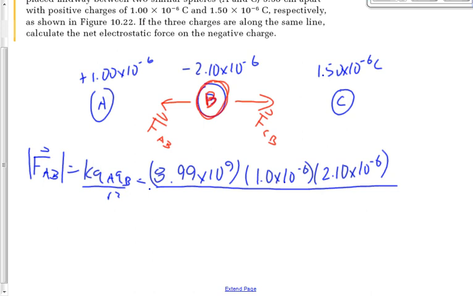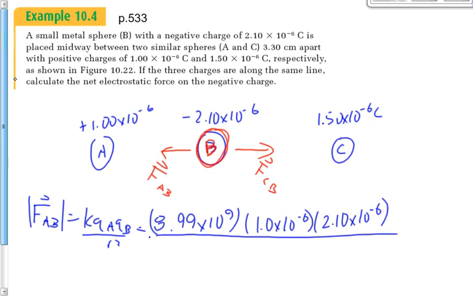The distance that separates them, do we know the distance that separates them? A and C are 3.30 centimeters apart. That means that A and B, since they're midway between there, are 1.15 centimeters apart. And B and C are also 1.15 centimeters apart because the distance between A and C is 3.3.